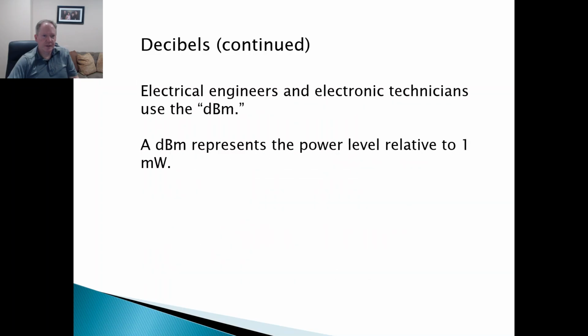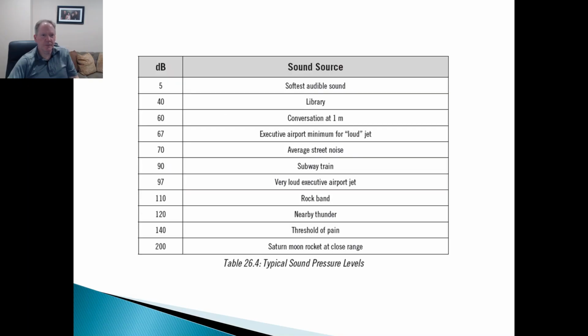All right, now electrical engineers and electronics technicians use the dBm, which is the decibel ratio relative to 1 milliwatt. So this M is how much power level is there compared to 1 milliwatt. So you'll see this with dB, and have you ever seen where, like, at a football game or a concert or something, they say we're going to set the Guinness World Record for the loudest outdoor event or something.